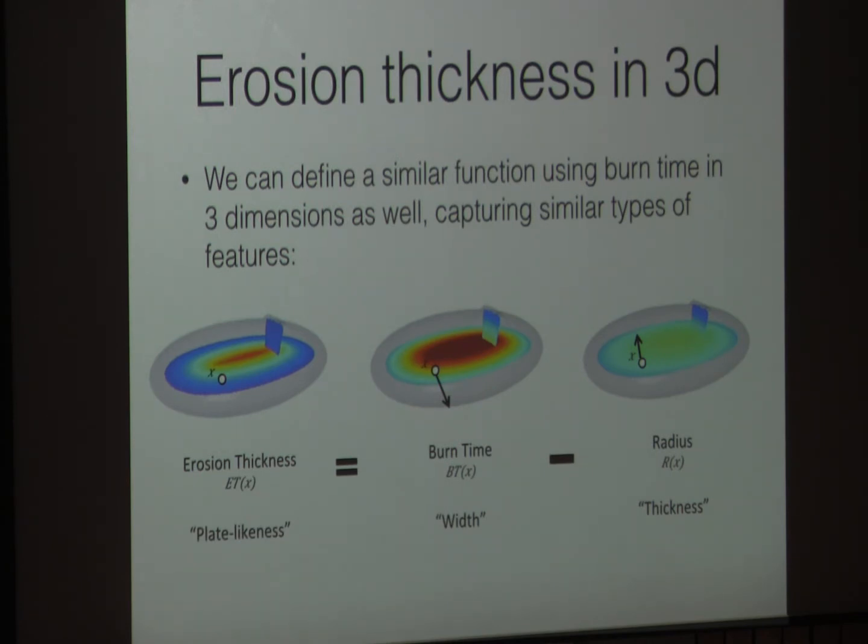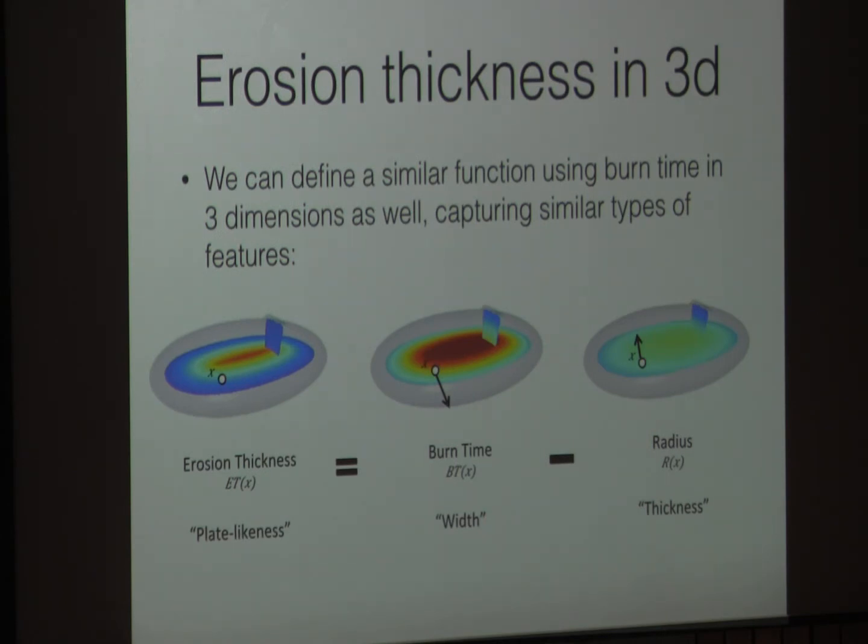And that's, again, sort of burn time, which is width instead of length in 3D, and radius, which is how thick the shape is. So again, it's a way to extract different types of features. My collaborator, Tao, had all kinds of medical imaging people that he was chatting with about how to extract features with aneurysms. I don't know, it all sounded very cool, but a little more applied than I got to.